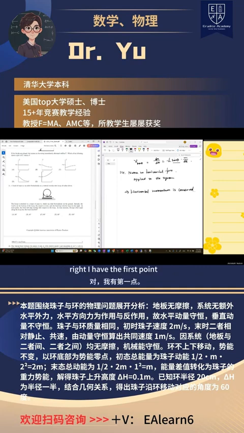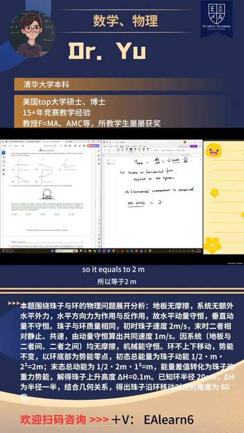Because the conservation of momentum only cares about two points. I have the first point, the initial point, where the total momentum is m times 2 meters per second. That should equal the last moment. At the last moment, what we know is the bead will stop moving with respect to the hoop, meaning the two have the same velocity.